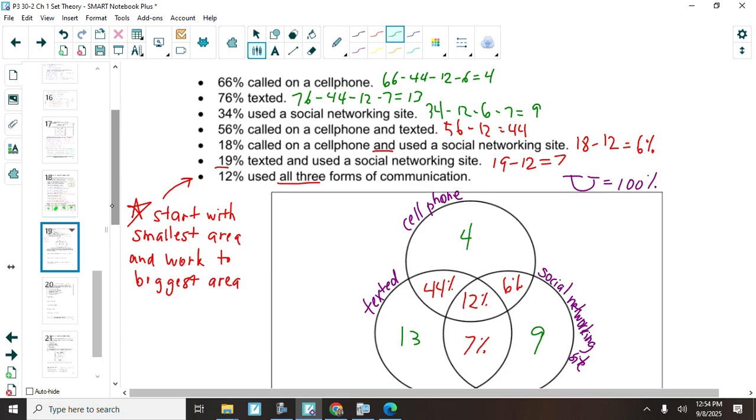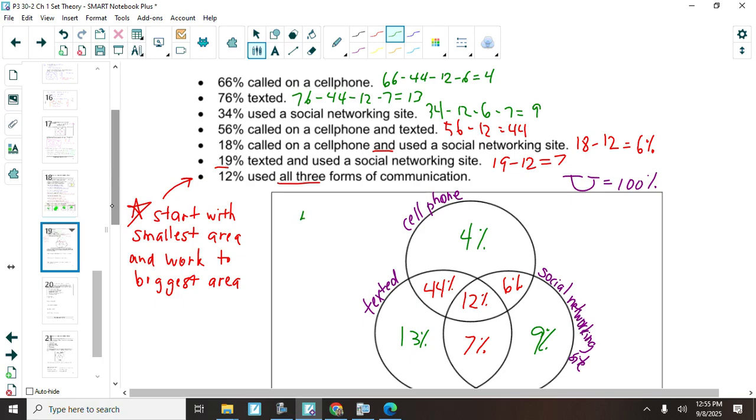Now, I guess I'll put my percentage. Somebody add up all the numbers inside my whole clover shape and tell me what you get. Okay, I hear 95. So when you added up 95, but I said my universe was 100.